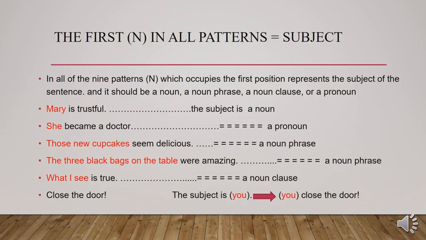But the subject is invisible, it is hidden, it is implied, in fact. It is implied and it is you. So you is the subject in this sentence. And it is a pronoun. In all of the command or imperative sentences, the subject is you. It is a pronoun. The N is a pronoun.